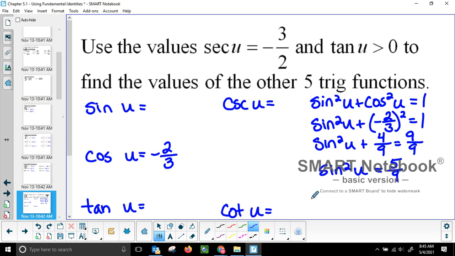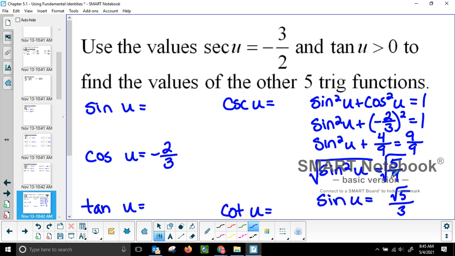How do I undo a square? Square root, yes, thank you. So you take the square root of both sides, and here we get sine of u is equal to, when you take the square root of a fraction, you take the square root of the numerator over the square root of the denominator.